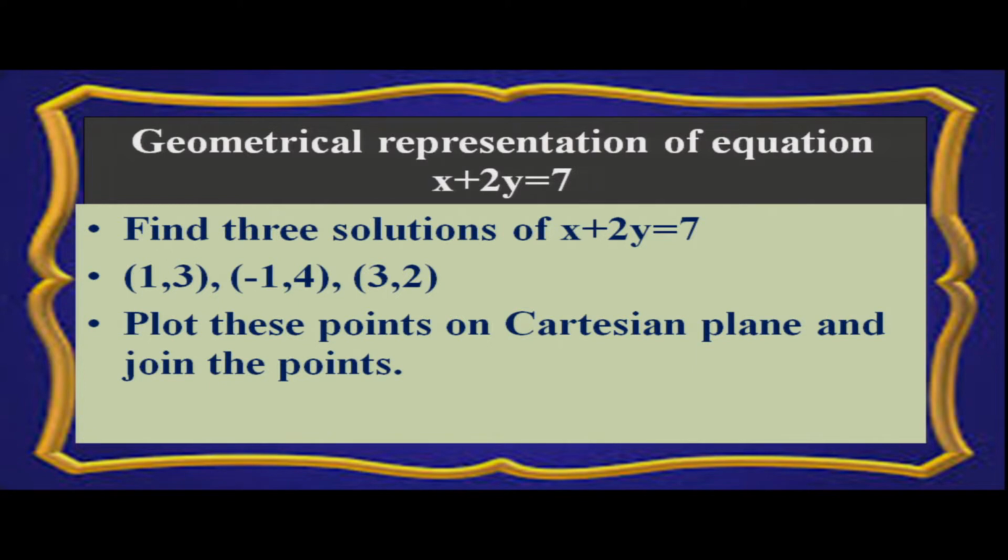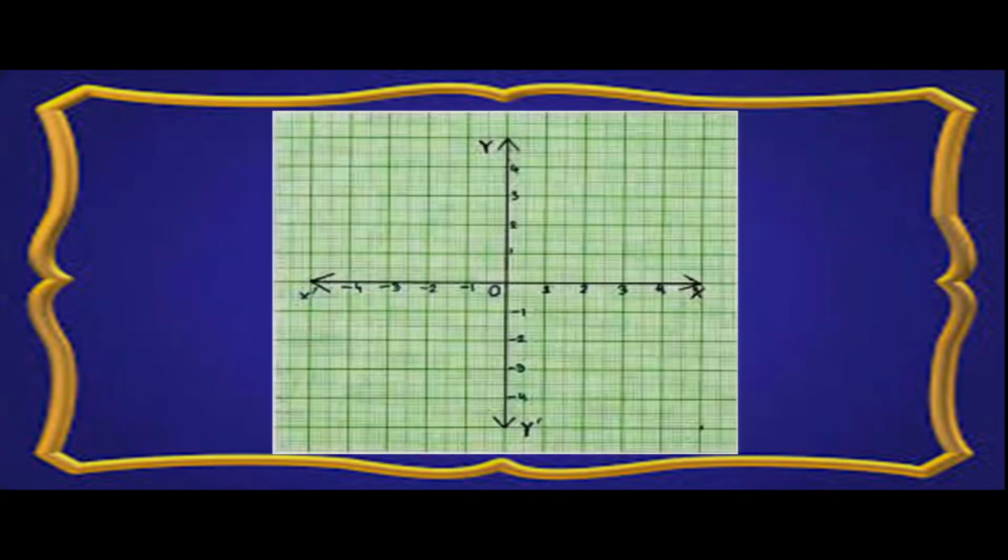Let's have a look at the graph. Here is a graph paper in which two axes are drawn, and here we have taken 1 centimeter to be one unit distance from the origin. Now have a look at our solutions.